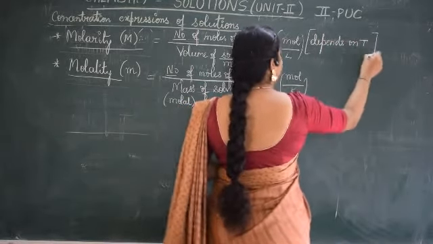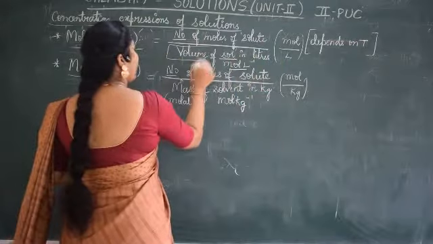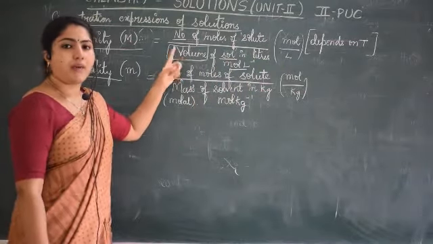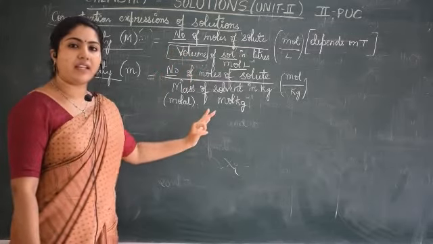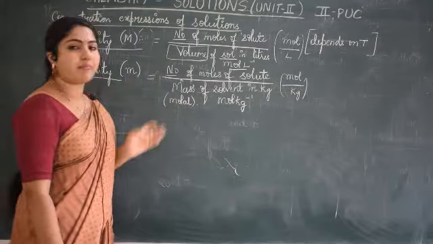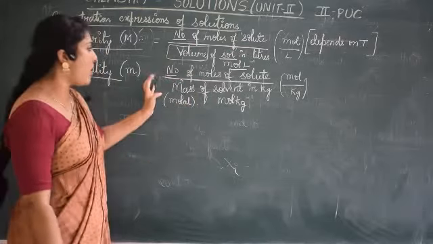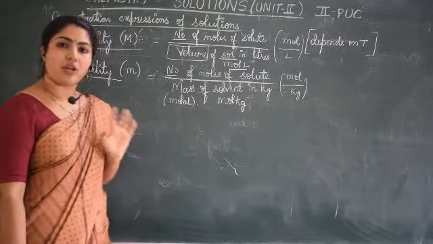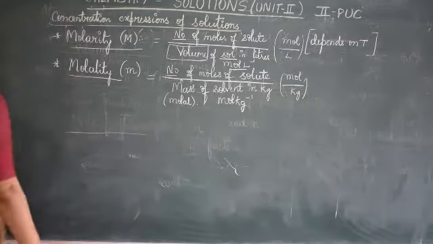The reason is that volume depends on temperature and molarity has a volume term. Whereas in mole fraction, molality and mass percentage, you don't see a volume term, so they are temperature independent. Molarity is temperature dependent. Clear now?